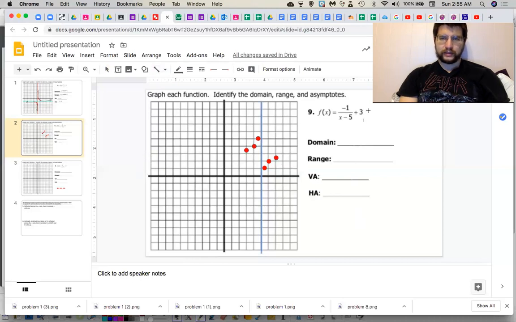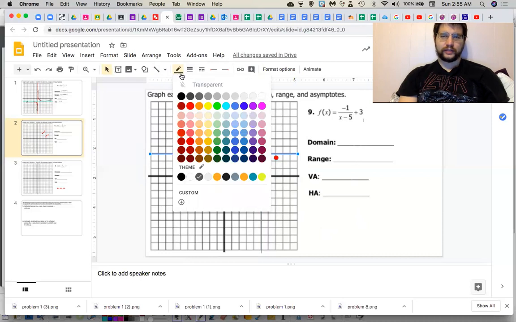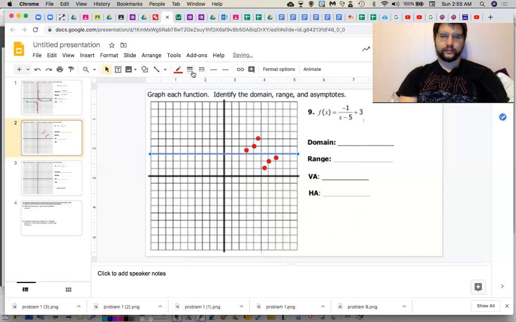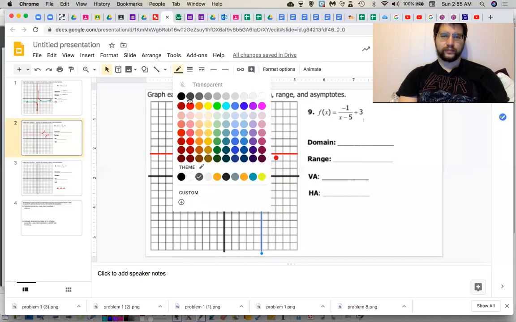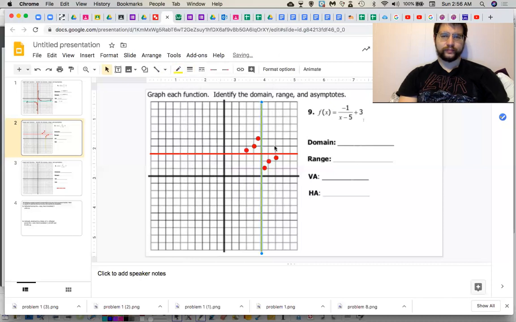This one is at 3. 3 and 5 are my asymptotes. X equals 5, y equals 3. And let me change those colors because it's really hard to see. There we go, now we can see.